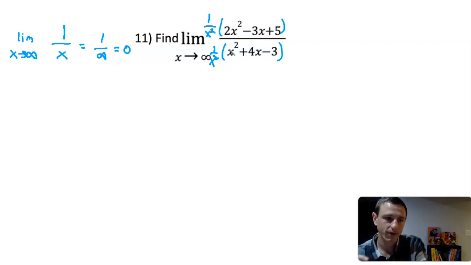And then on the bottom, that's not going to happen though. We're going to get 1, or a constant, using the fact that we're multiplying by 1 over x squared, because we're going to cancel out these terms pretty much, and it's going to make a constant. So let's go through this.